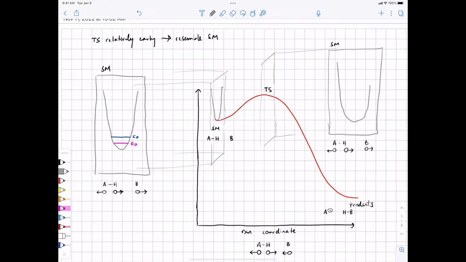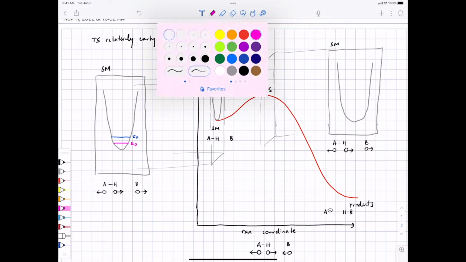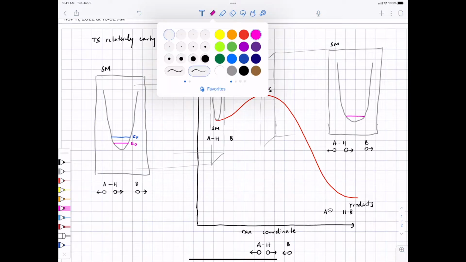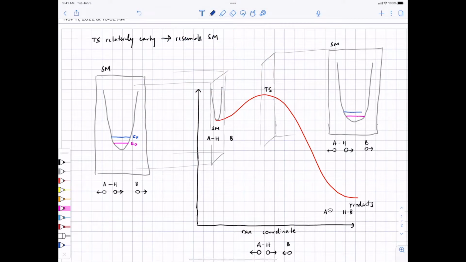And likely that difference in energy between hydrogen zero point energy versus deuterium's zero point energy is about the same.